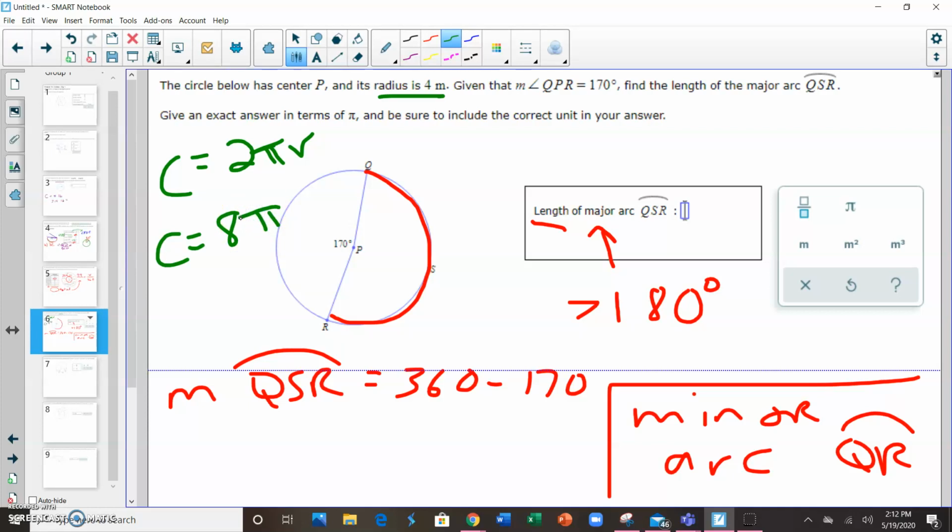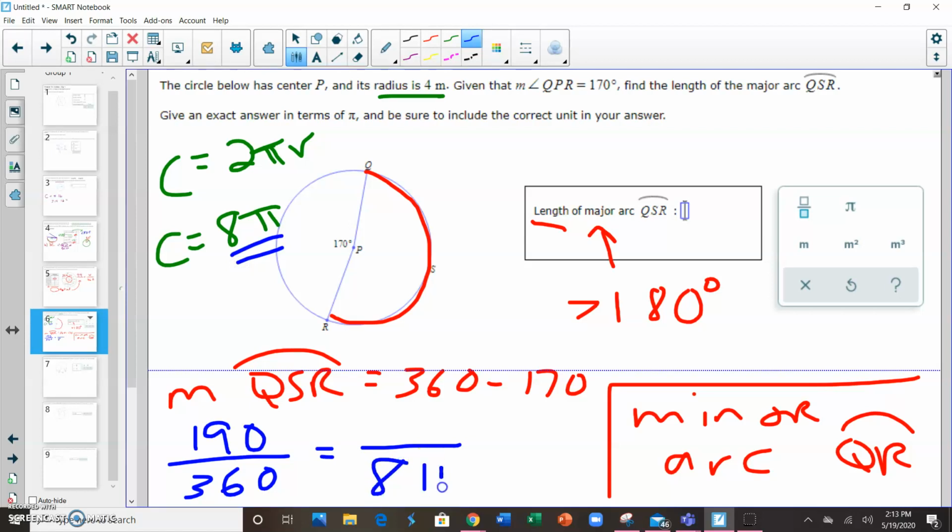Well, we can figure out what proportion the major arc is. The major arc is 360 minus 170, which is 190. So that's going to be 190 divided by 360. Now, this is the entire circumference of the entire circle. If the entire circumference is 8 pi, then what is just the major arc length going to be?